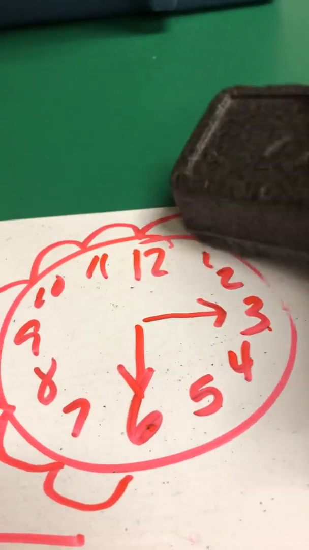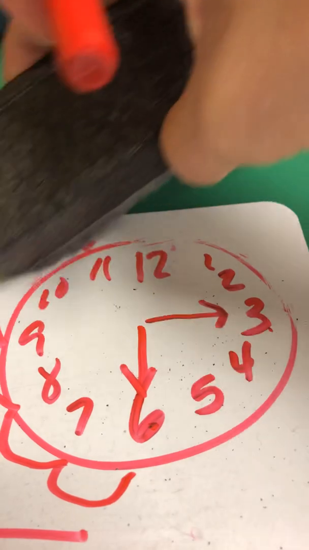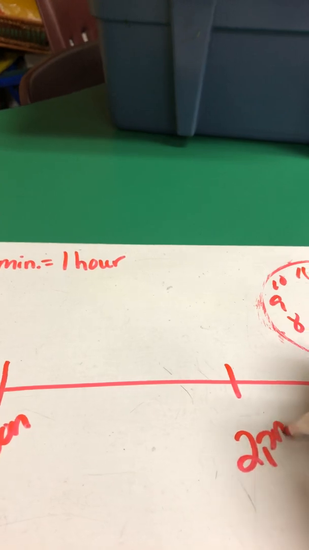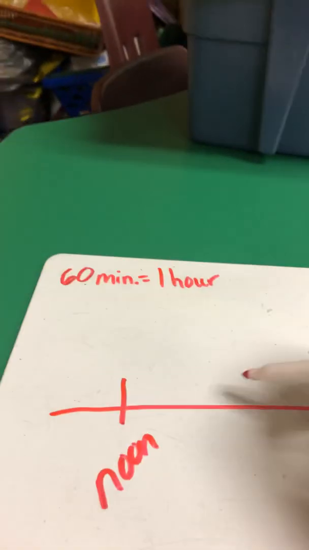Okay, so I can do things that way, especially if I'm just talking minutes and I don't have any hours involved. But what if I'm saying, if I started something at noon and I finished at 2, how long is that?